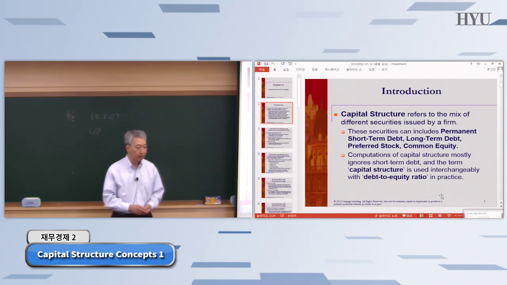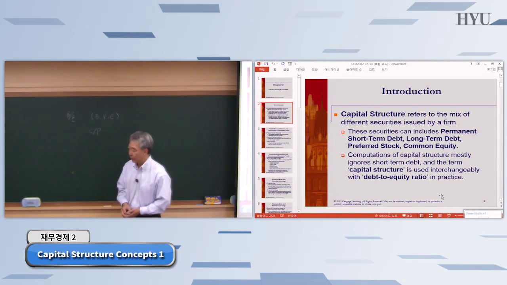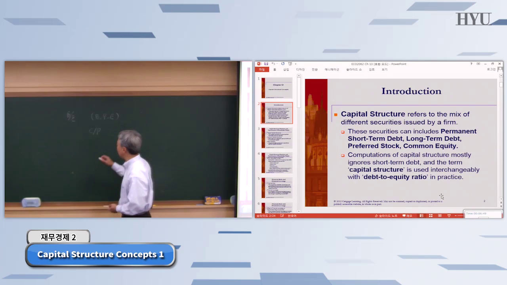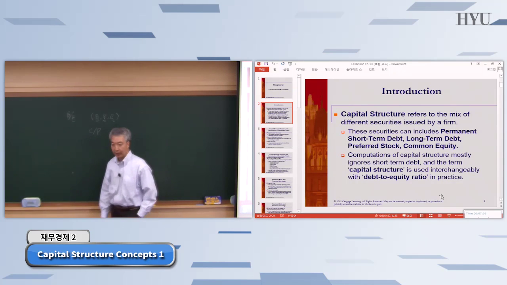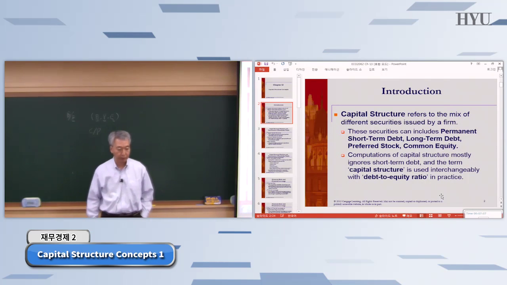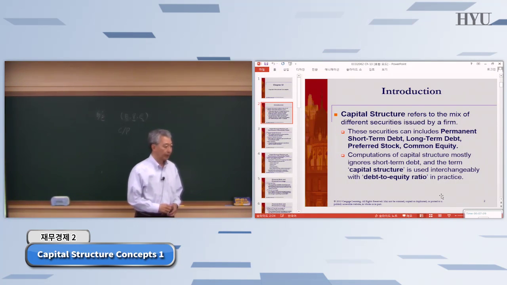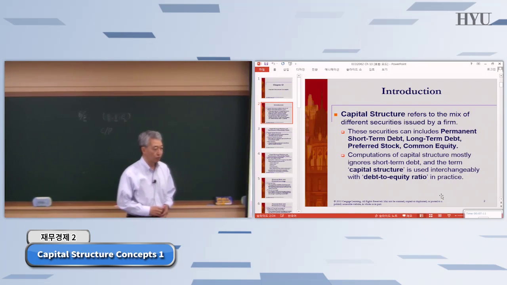Okay? So instead of using the short-term debt, we use the long-term debt. B stands for long-term debt, mostly bonds, right? Outstanding amount of bonds, okay? And preferred stock and common equity. Okay? So you can consider those three items as components of capital structure.